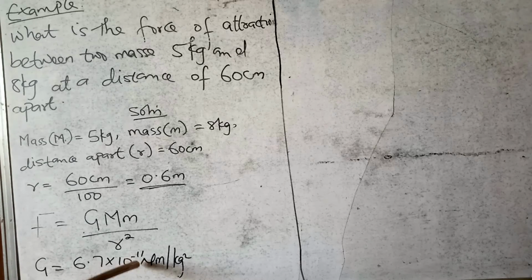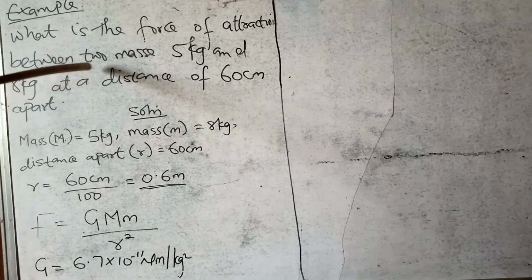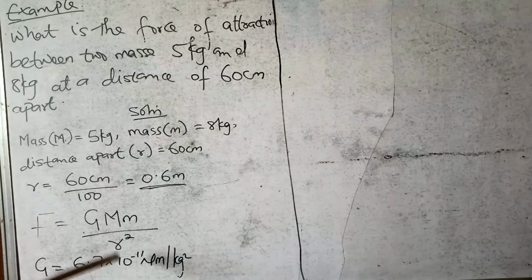So from this question, we are given our masses to be 5 and 8, and also our distance apart is given as 0.6 meters, and G is our constant.